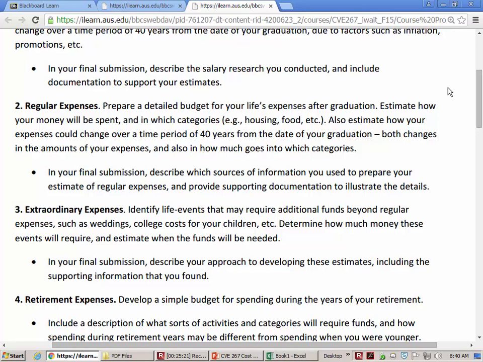So take a look at just the regular, how much it costs to live when you factor all of the regular things. And those will change over time as well because of inflation. And so regular expenses are an arrow downward on your cash flow diagram because it's how much money is going out from your wallet.